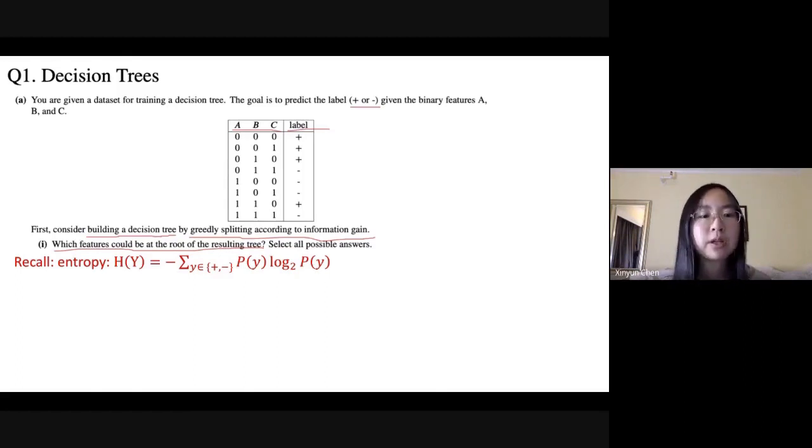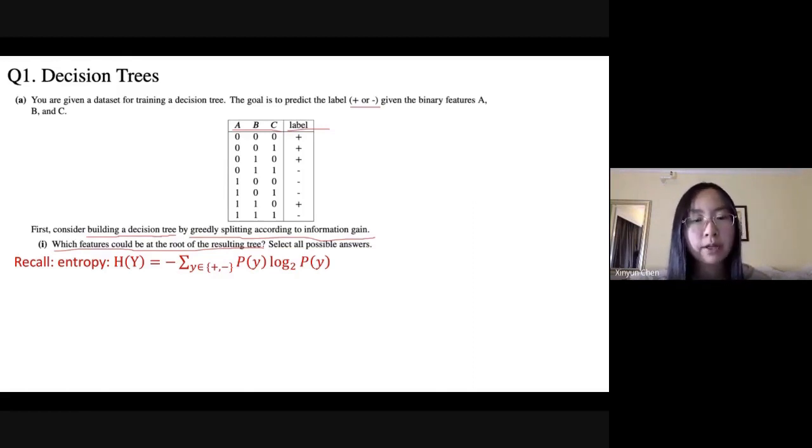At the high level, the entropy of a random variable will be high if the probability is uniformly distributed among all the possible values, and the entropy will be low if the probability distribution is more deterministic or more skewed.